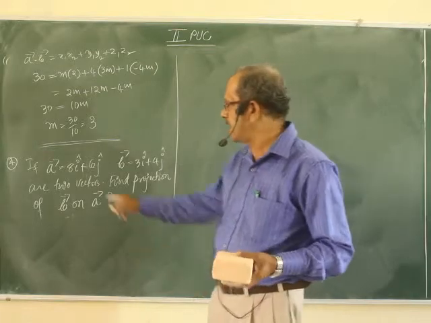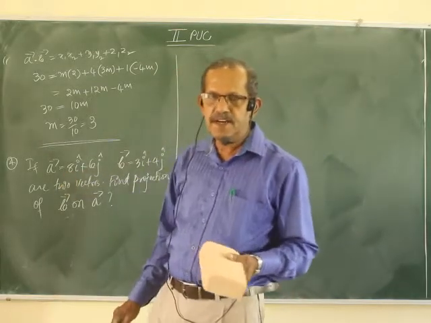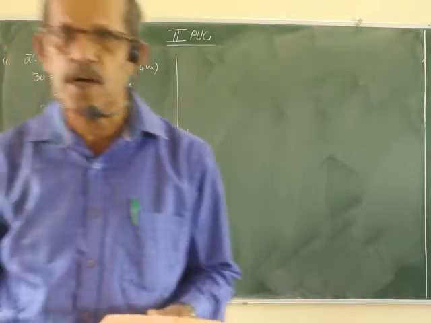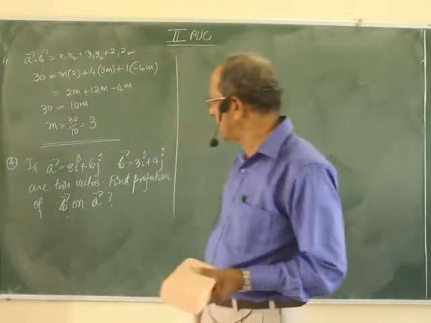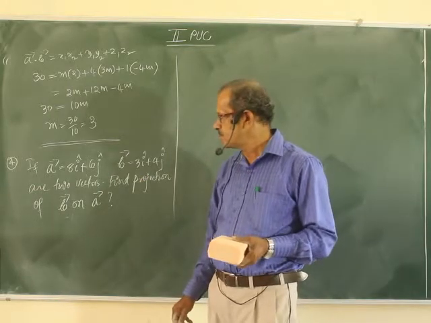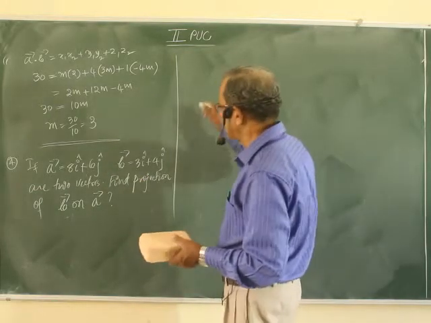You are coming back, after the formula, to the geometrical meaning of the dot product. About projection, it is there in the second point. Yes, let me write that one.